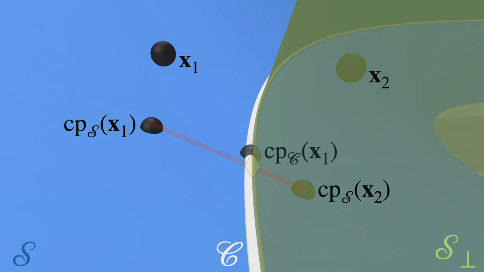But you can do something simpler. So we instead compute the closest points to the boundary curve C also, and then these orange vectors will point in opposite directions if CPS of x1 and x2 are on opposite sides of S-perp. So it just becomes a simple check on the sign of the dot product between the vectors. I will refer to these vectors as CPdiff since they're the difference between the closest points on S and on C.